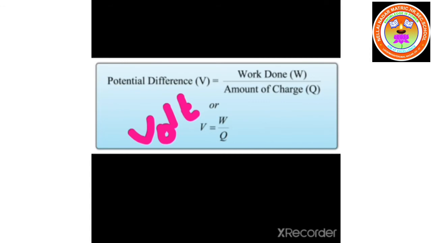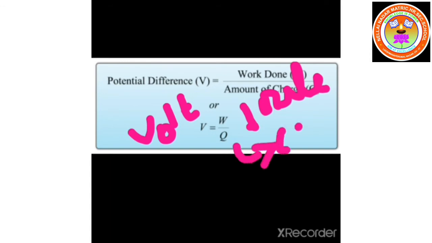Now, what is the unit for work done? Work done unit is joule. And the charge unit, which we already know well, is coulomb.